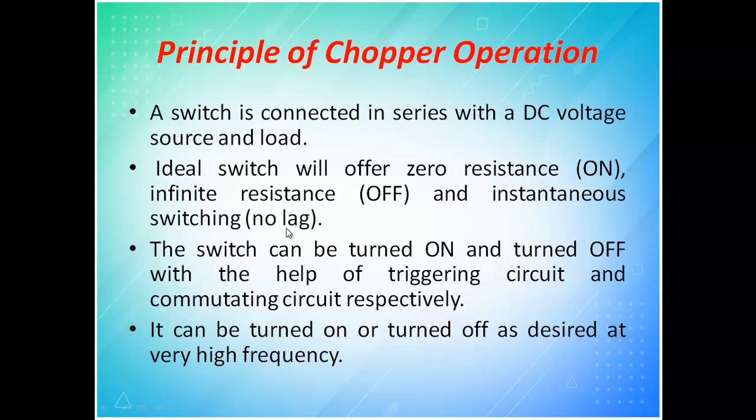Okay, so then let us discuss the principle of operation in detail. A switch is connected in series with the DC voltage source and load. An ideal switch will offer zero resistance, but actually the switches are made from semiconductor devices.